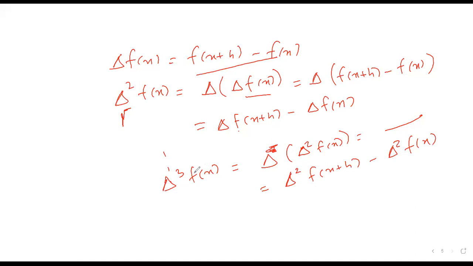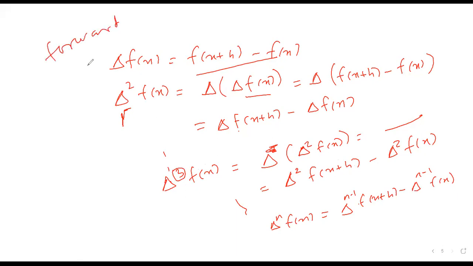So you have to know this term can be found from the difference one order lower. Likewise, delta n f(x) can be written as delta to the power n minus 1 of f(x plus h) minus delta to the power n minus 1 of f(x). This is our forward finite difference.